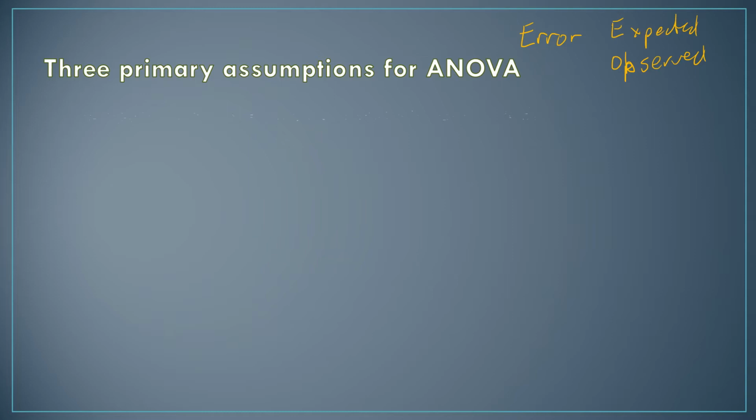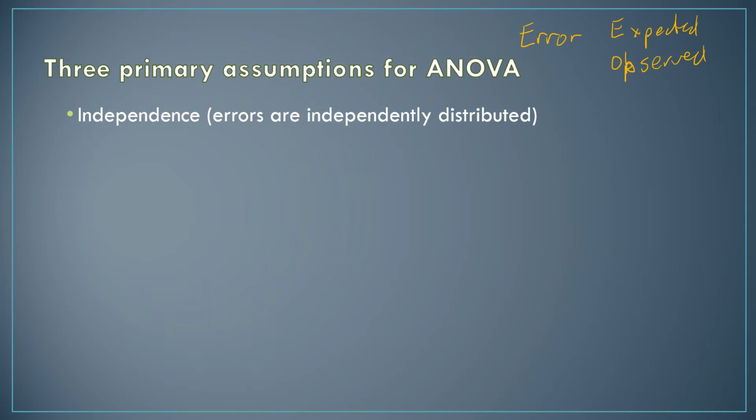So all three of these primary assumptions for ANOVA really are concerned with the error that is calculated for your observed distribution. The first one is independence. Here we want to look at, are all of these errors independent of each other? Are they independently distributed? Meaning that the error from one individual point or one group is not causing the error in another individual or another group.